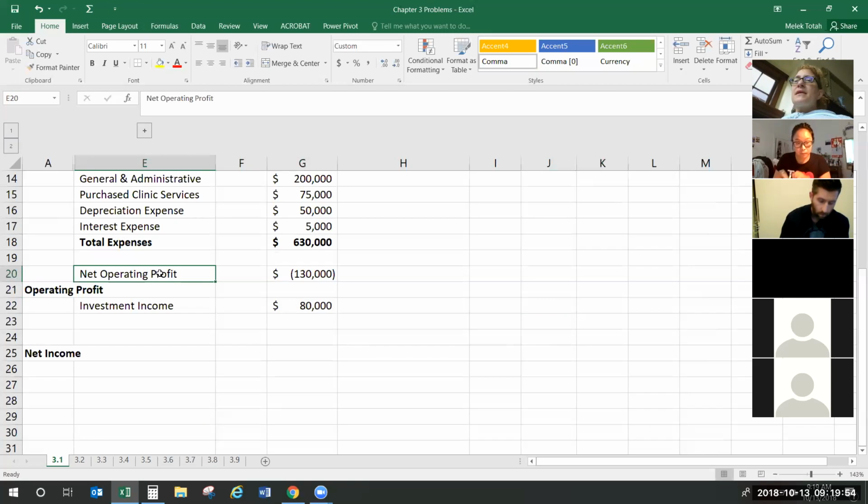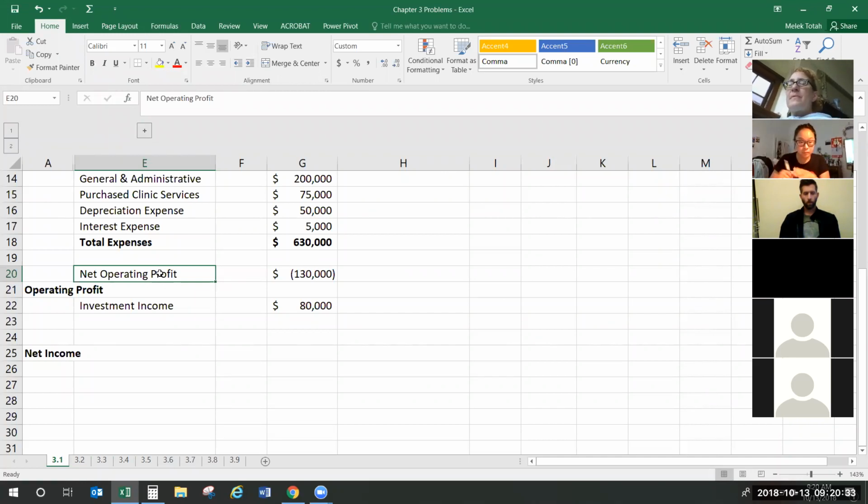So if you have excess cash and you put that cash in the bank, or you buy a CD with that extra cash and you earn income off of it, that is not dependent on your daily operations. It's not dependent on how many patients you see or how many people you serve in your cafeteria. It's independent of that. So from a P&L perspective, we like to show that as a non-operating item. That's why we split the P&L, the income statement, into operating and non-operating.